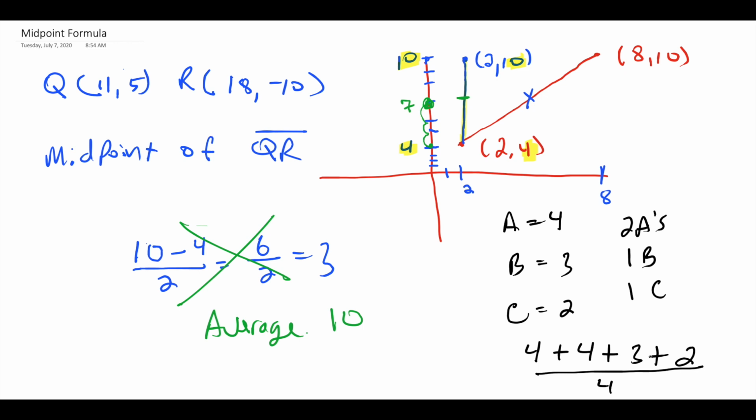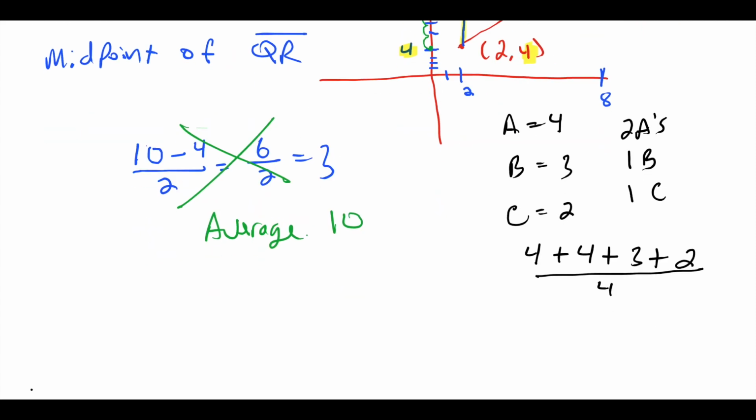4. Okay, cool. We get 13 over 4. Punch it into a calculator, 13 over 4, and you get 3.25, which is basically a B average, a solid B. B minus would be under 3, and a B plus is like a 3.3, I believe.